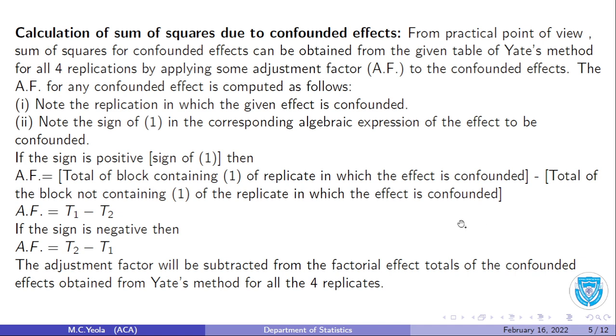We call the first term T1, where 1 is present in the replicate in which the effect is confounded, and where 1 is not present we call it T2. In this way we find the adjustment factor. If the sign of 1 is positive, we compute it this way. If the sign is negative, then the adjustment factor equals T2 minus T1.